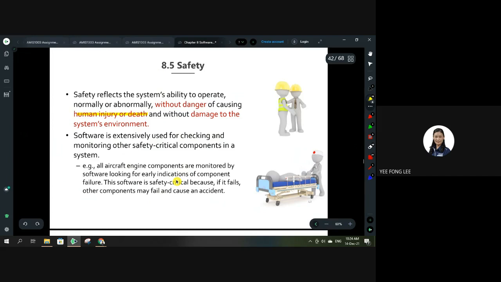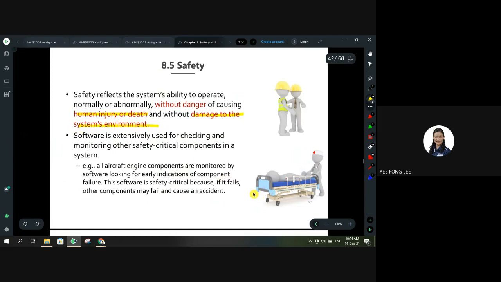The system should never cause danger to people or damage to the environment, even when the system fails.